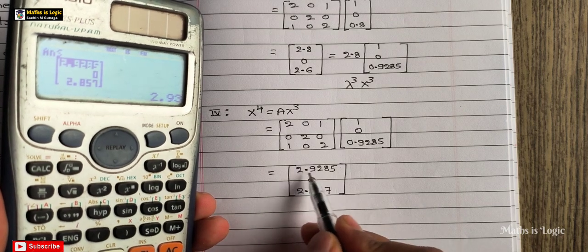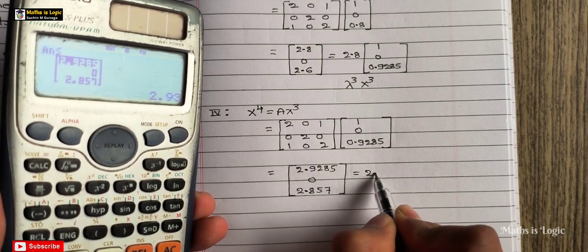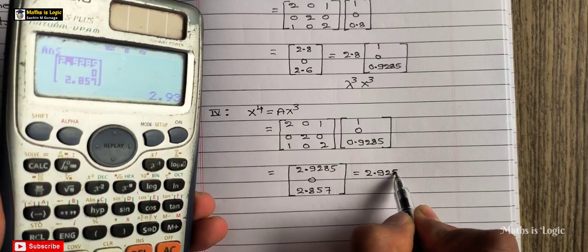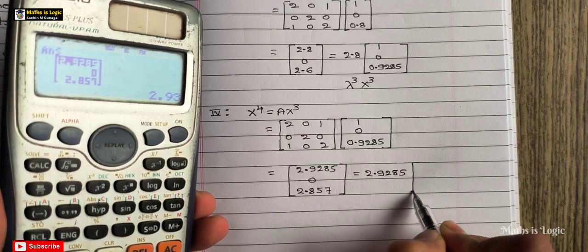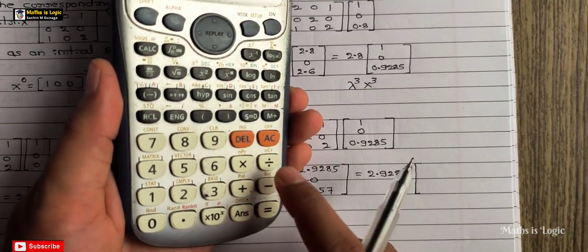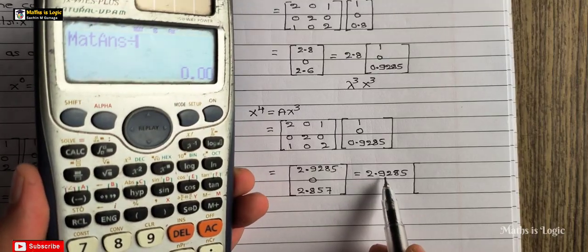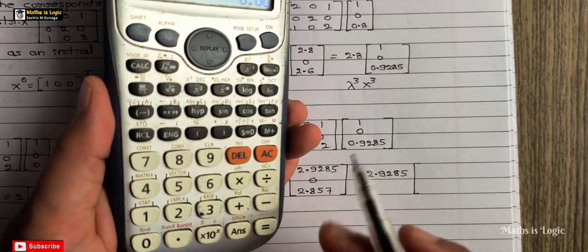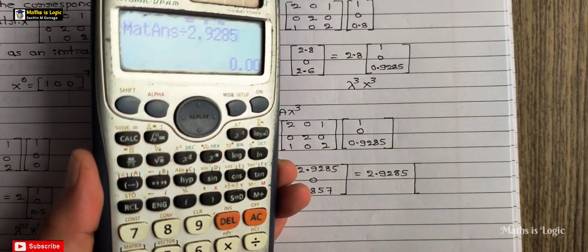After that, take the largest value, 2.9285, outside. If I take it outside, in the calculator we need to divide by the same number, 2.9285.